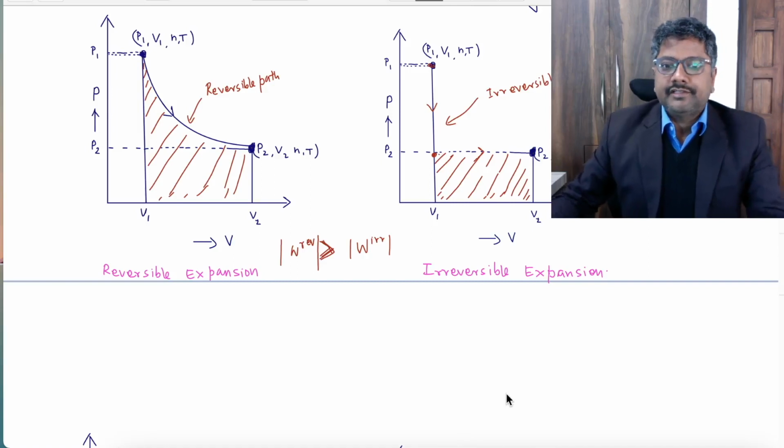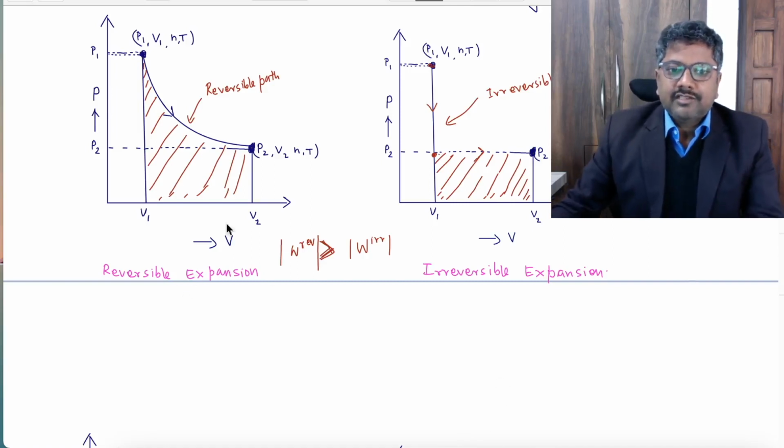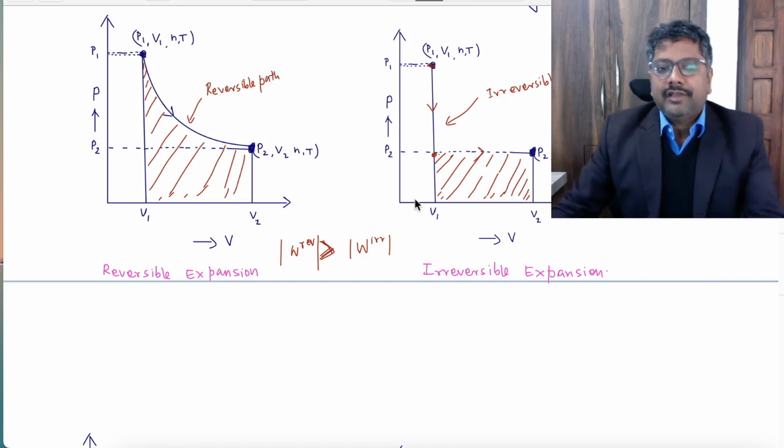It is clear, whether you see with this diagram, or even if you calculate from your formula, you will get the same result.